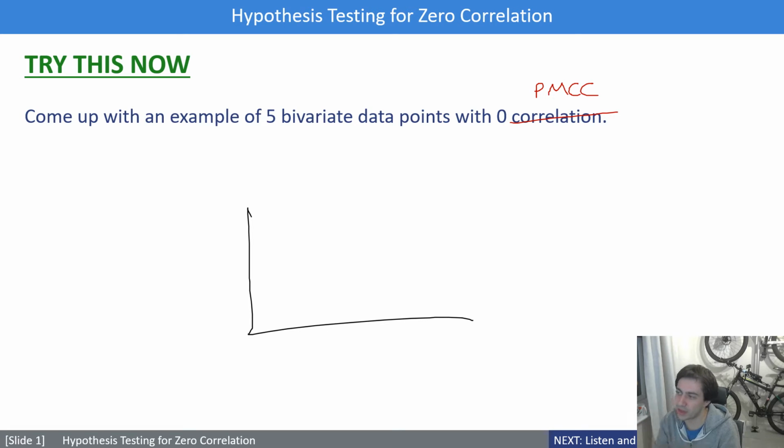If I put them in that calculator and found the PMCC on those 5 points, I would get 0 correlation. There are obviously infinite answers, but I just need one simple one. So see if you can come up with one, and then I'll give you one that I've come up with. If you find anything particularly interesting, you can put it in the chat.